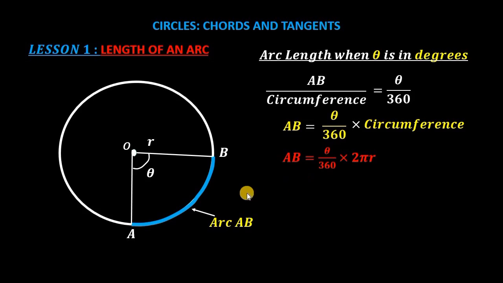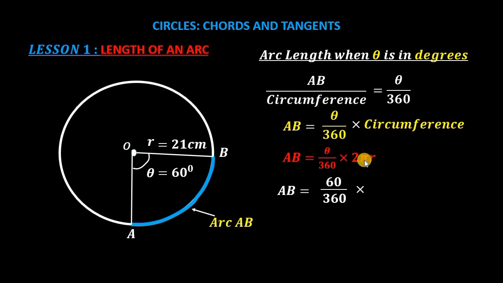Now this is the formula we can use to calculate the length of an arc, like for this case, arc AB. And let's consider the case where the radius is given as 21 centimeters and then the angle at the center given as 60 degrees. We can substitute the following in the formula, and therefore we have AB is given as theta over 360, that is 60 over 360 times 2 pi r.